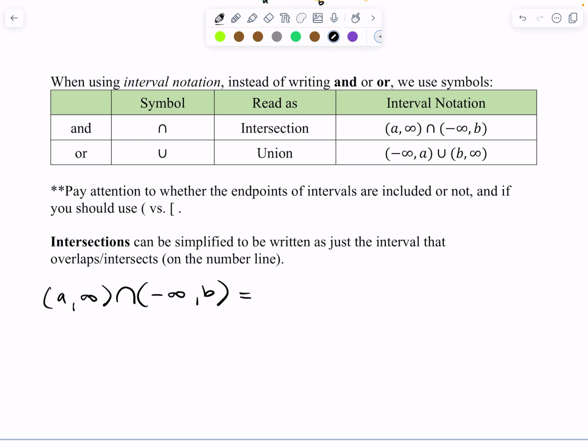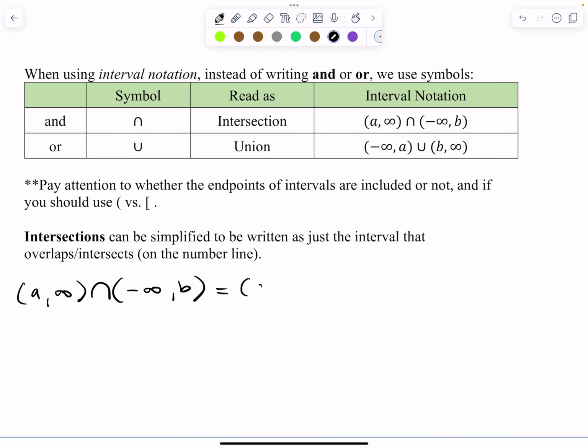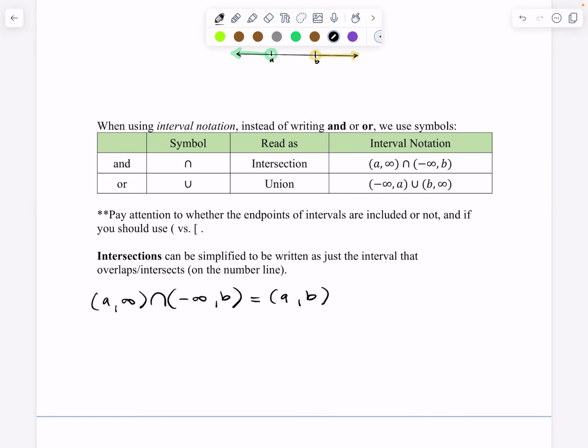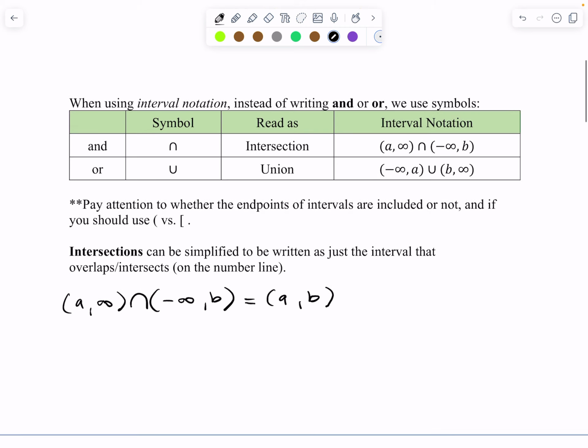It can be helpful to actually draw it out on a number line, that this could be condensed into this simpler form of just describing the interval of A to B. Whereas unions, you can't really simplify that more because the intervals do not overlap.